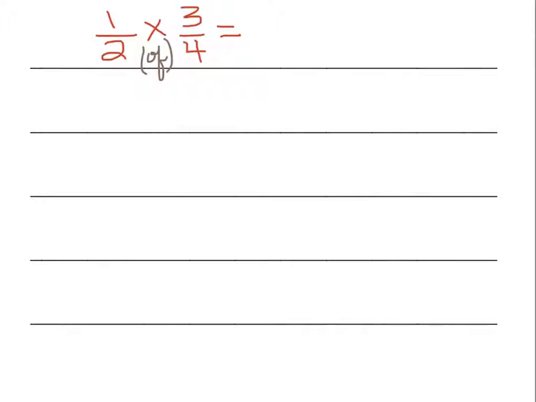So with this one, I just do the multiplication across top. 1 times 3 is 3, and across bottom, 2 times 4 is 8. So 1/2 of 3/4 equals 3/8.